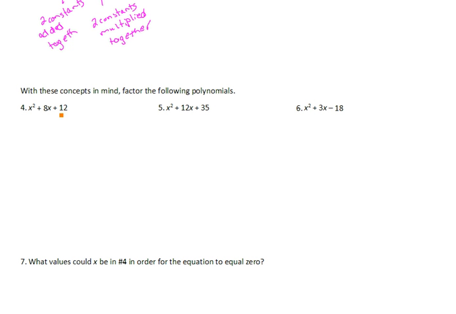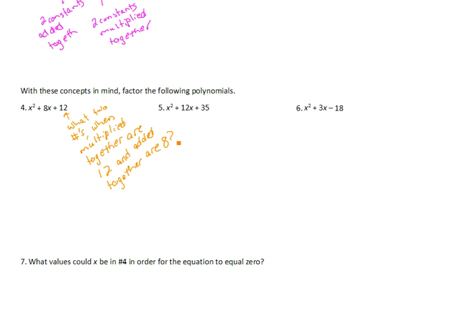When we are factoring a trinomial with no number in front of the x squared, we are asking ourselves, what two numbers, when multiplied together, are 12, because the outside term is the one that's being multiplied, and added together are 8.